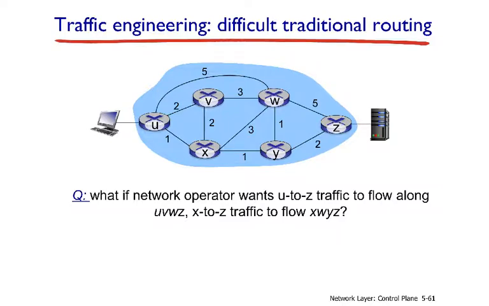In the next slides, I want to share with you some questions about traffic engineering. Traffic engineering is not a method. It's a research field in which network operators think about how to propose routing algorithms in order to improve the network performance according to some metrics.